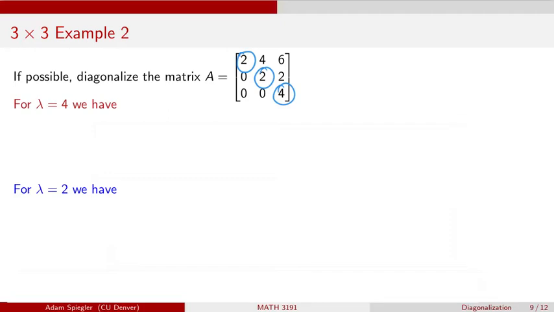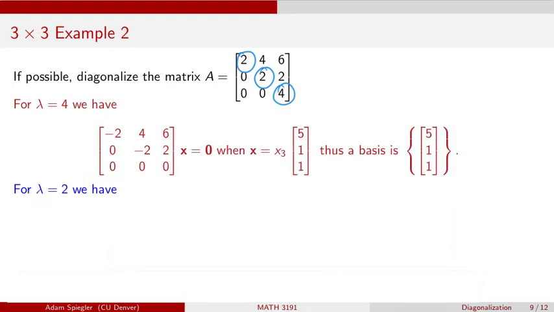So looking at the eigenvalue 4, we could set up this equation that we want to solve, which is when is (A minus lambda I) times x going to equal the 0 vector. So we take A minus lambda I, where in this case our lambda is 4.